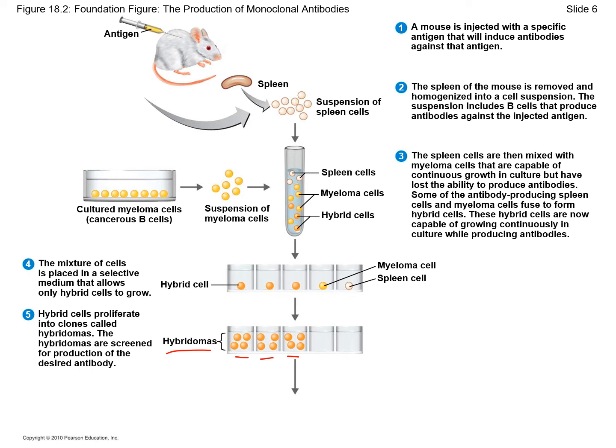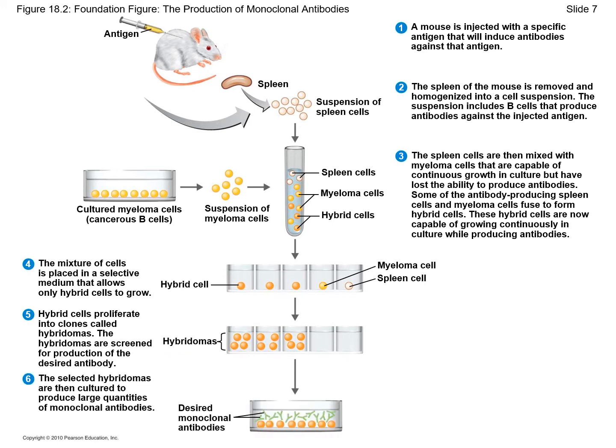Once you identify the hybridomas, then you identify the one that is producing the antibody you want. So this is the hybrid cell that you can maintain in culture, basically forever, that is producing antibodies that recognize the antigen that you injected into the mouse.